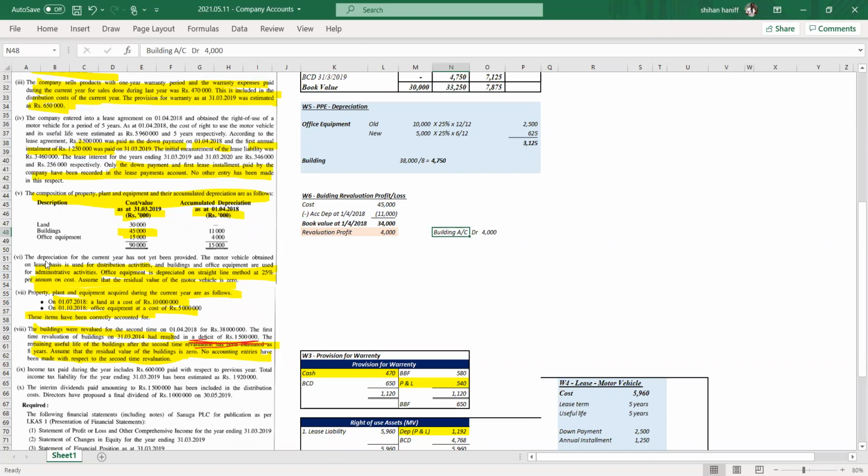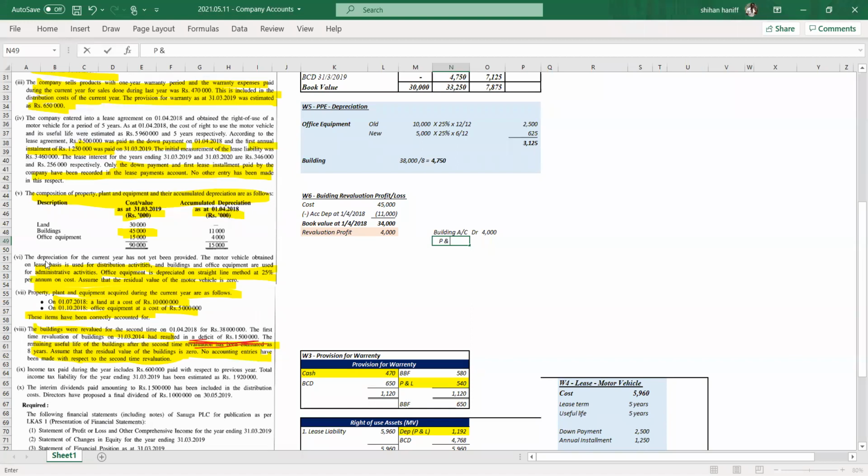So in the previous year, we have taken 1,500 into the profit and loss account. Since this year there is a profit, that profit and loss 1,500 should be set off.